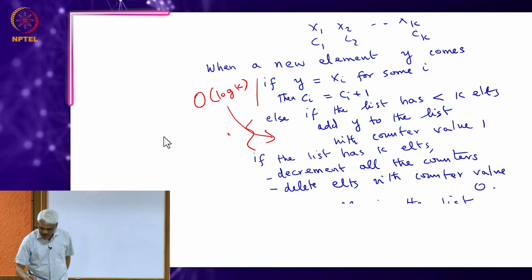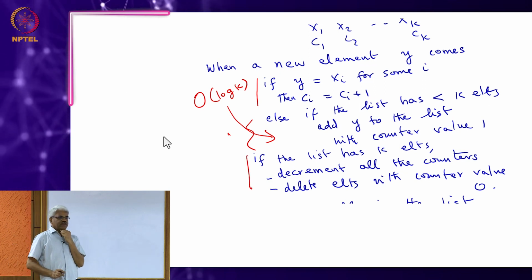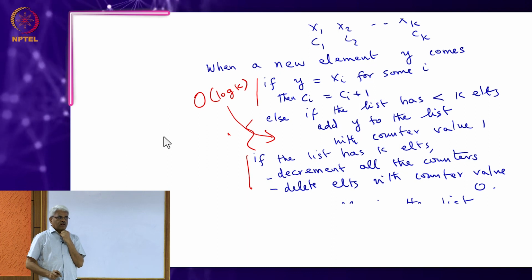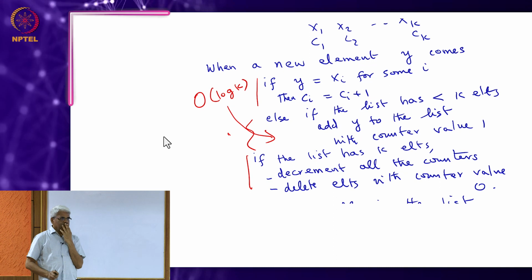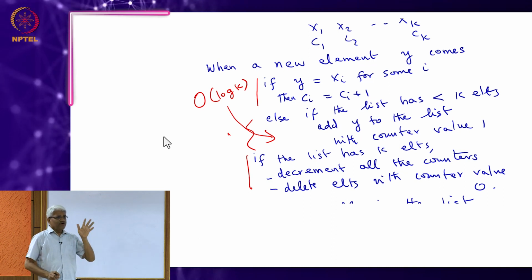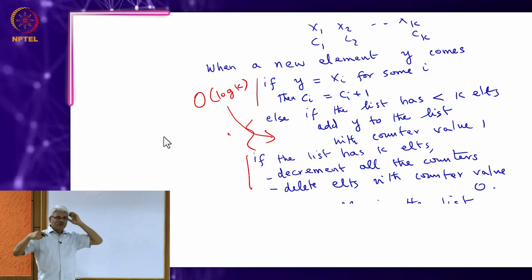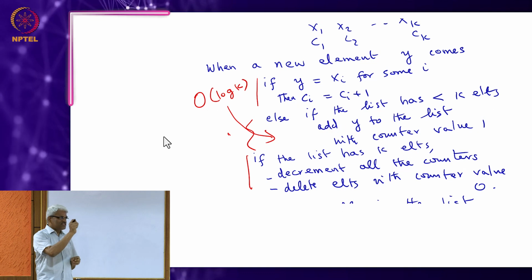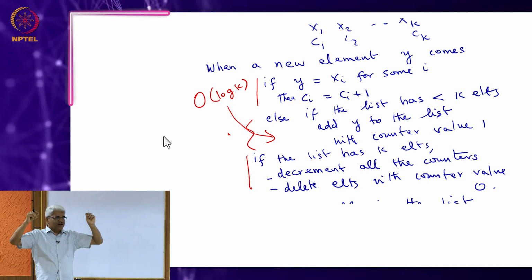But this is going to be a killer anyway, because if the list has k elements, then you're going to decrement all by 1. Maybe if you are clever, if you are a programming competition person, you can do this in one step. Maybe you don't have to go to each counter and decrement it, because you're doing it uniformly for all the counters.